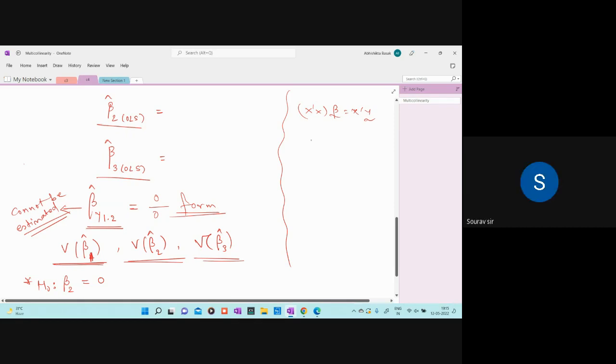So from here you can find the estimate beta hat, that is equal to X transpose X whole inverse X transpose Y, provided that this inverse exists. And if it does not exist, we go for G inverse. Right?